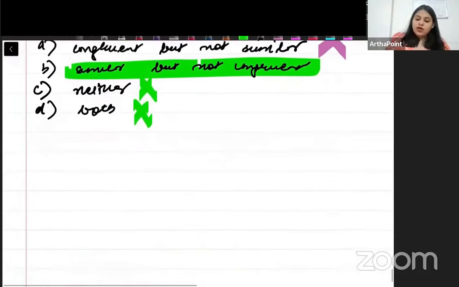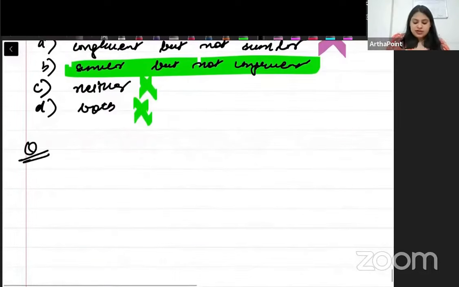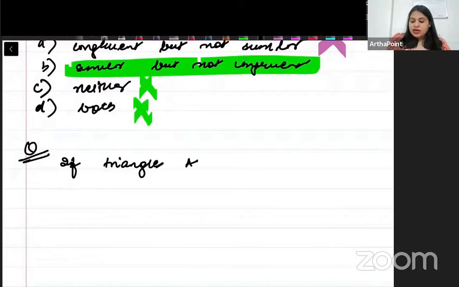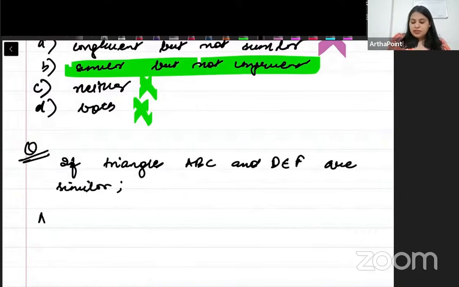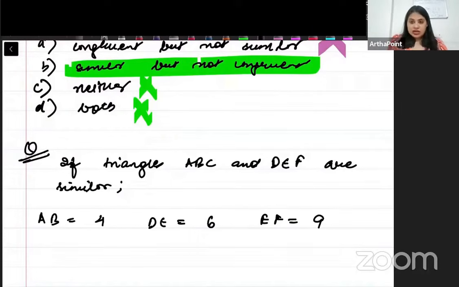I am giving you one question for your practice. So write down, if triangles ABC and DEF are similar, a bit tricky, huh? AB is 4, DB is 6, EF is 9, and FD is 12.